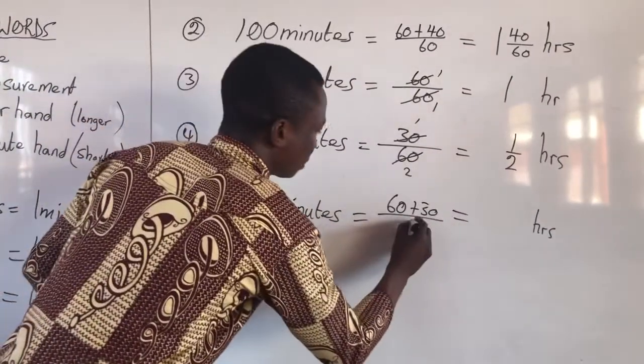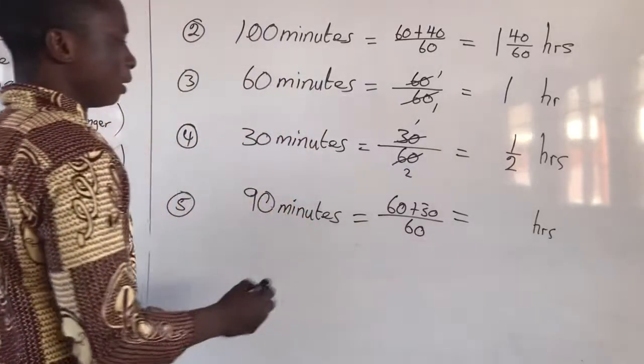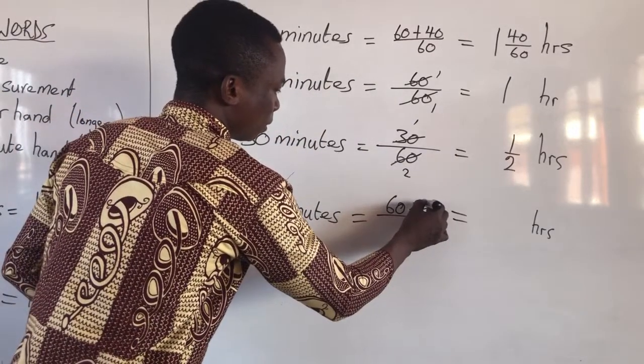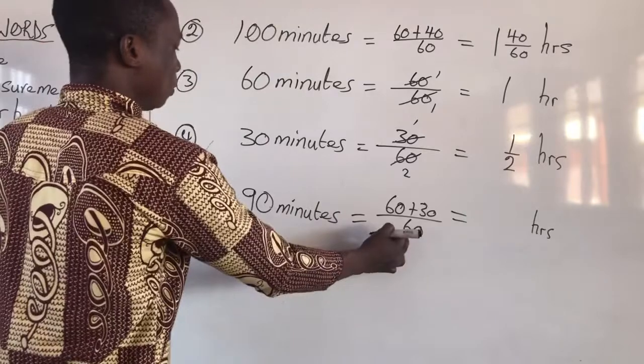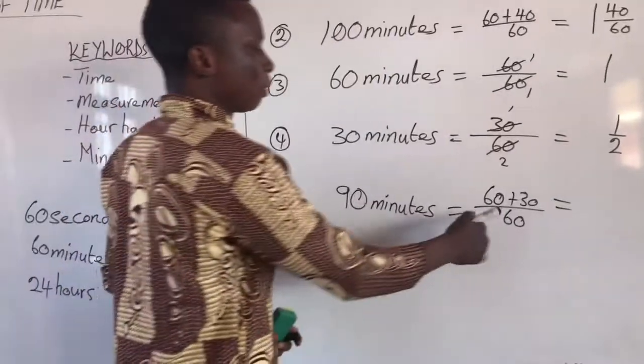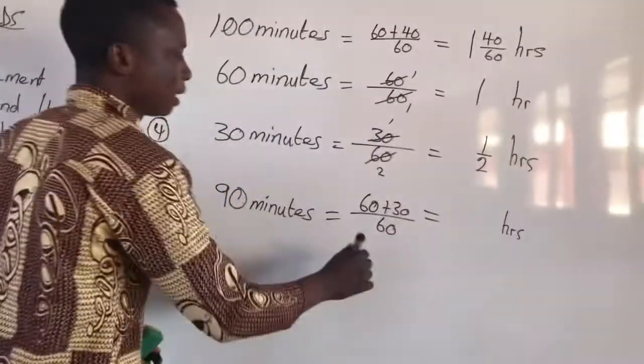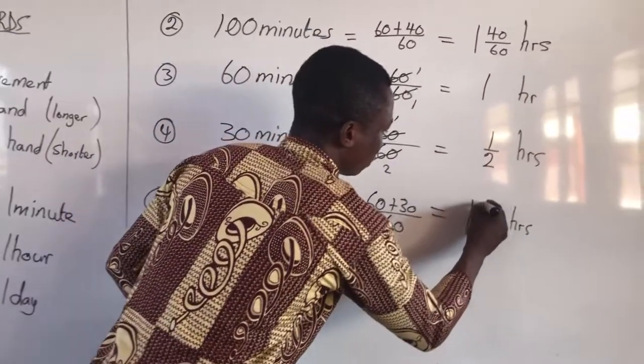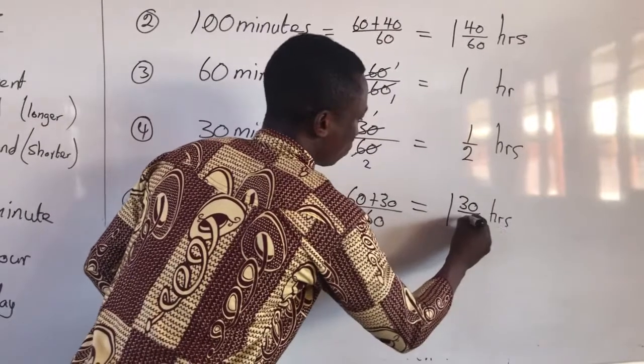Alright, so you write your 60 plus 90. This is telling you that 60 will go into 90 one time, and the number that will remain is what? 30. So 30 will remain over 60.